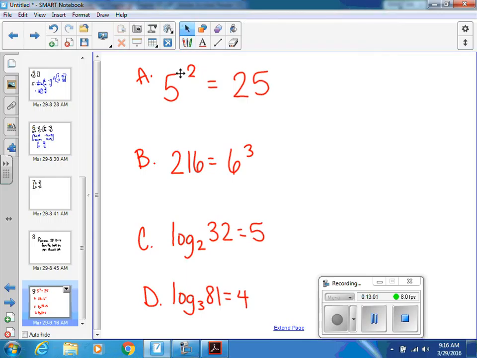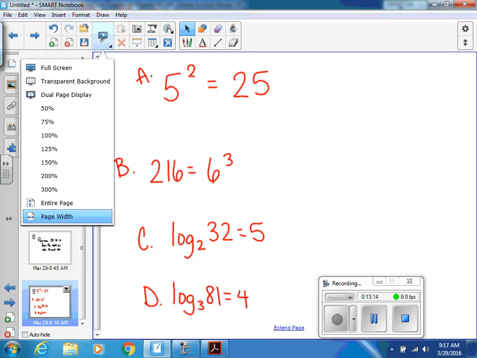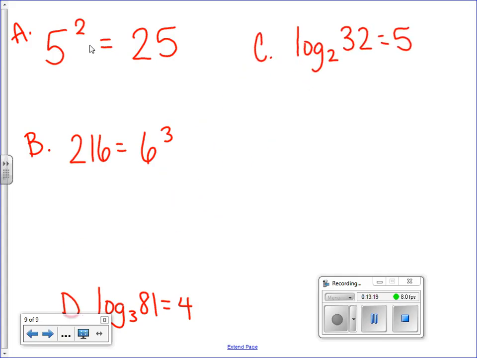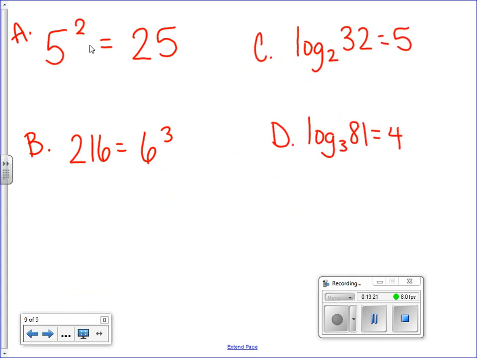If it's in exponential form, like a and b are, write it as a logarithm. If it's in logarithmic form, like c and d are, write it as an exponent. Can you see c and d? Do I need to rearrange this now? Okay, let me do this. Is that better, people in the back? Okay.